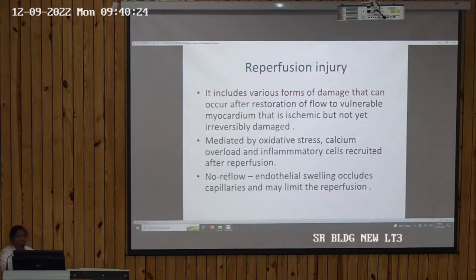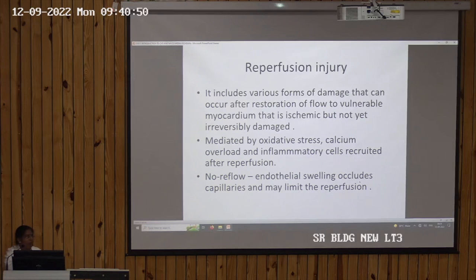Now, there are some side effects of reperfusion. We cannot avoid reperfusion, but we should be aware that these reperfusion injuries may occur, so we can decide the treatment modalities. Now, this occurs due to the oxidative stress, calcium overload, and the additional amount of inflammatory cells that are recruited after reperfusion.